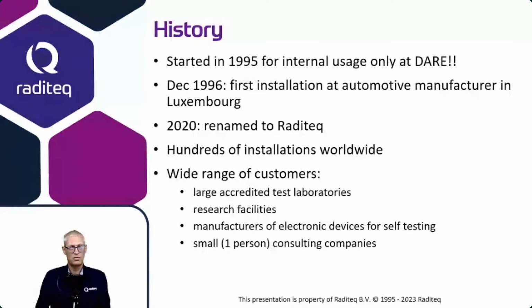But also the smaller manufacturers of electronic devices use RadiMation to test their own products. And there are even very small, one-person companies, for example consulting companies, that are using RadiMation to do testing for some situations or on-site testing as well. So we are able to provide an automated software for the very big companies and also for the very small companies.